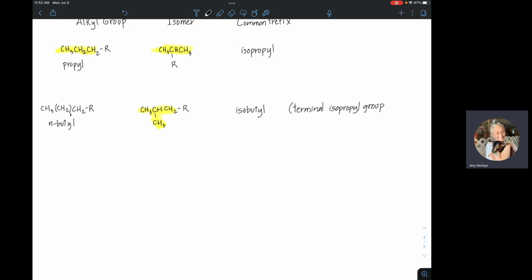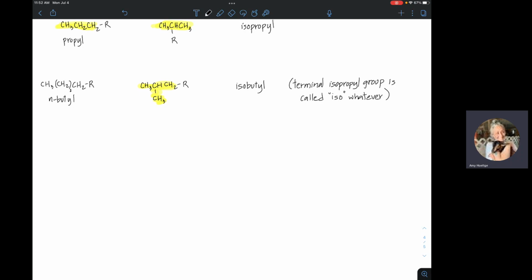Anytime you have whatever number of carbons and you see a terminal isopropyl group like that, that little V-shaped thing, it's going to be called iso whatever. So in this case, isobutyl. You could have isohexyl, you could have isopentyl, whatever. You're counting out the number of carbons and you're going to use that prefix to let someone know. But if you use the prefix iso, it tells them there's a terminal isopropyl group.